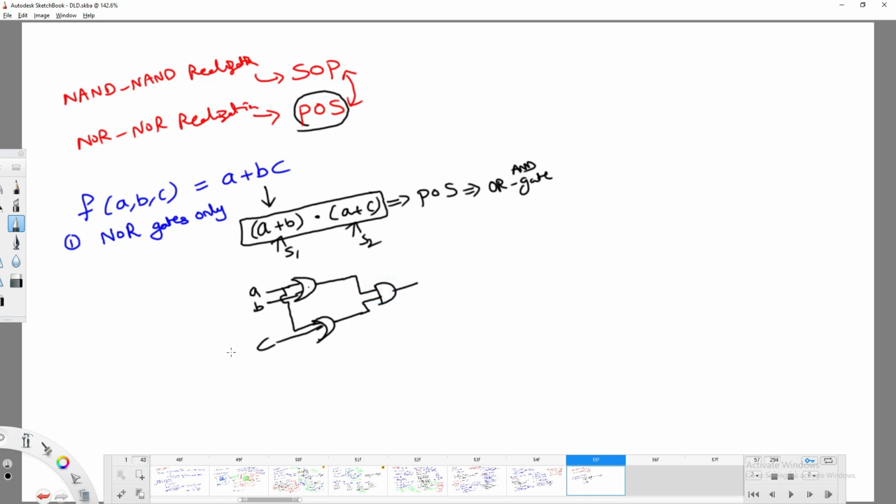Now to represent the same thing in terms of NOR-NOR gates, what you can simply do is bubble up.